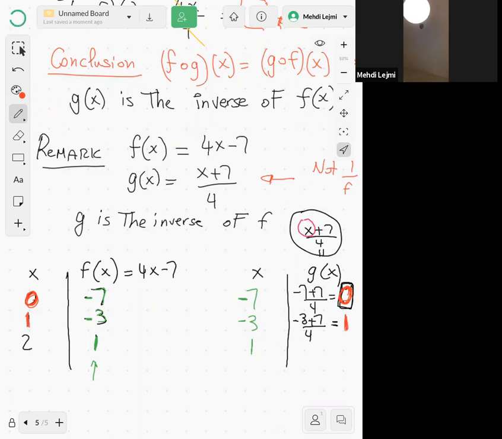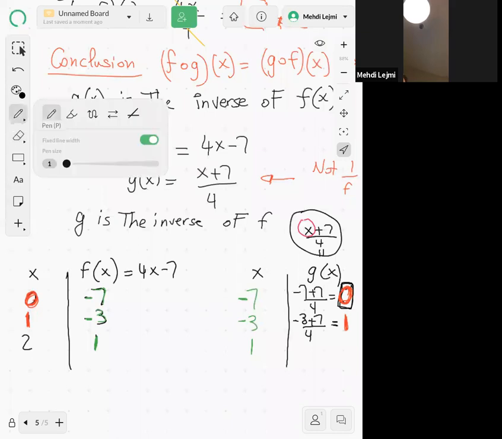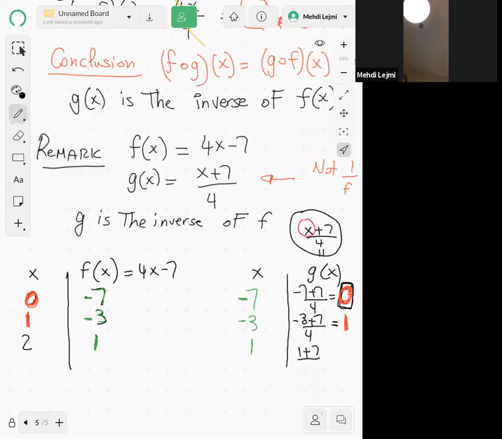And finally, if your x is 1, then 1 plus 7 over 4 will be 8 over 4. And so the answer will be 2, which is the same as my x here.